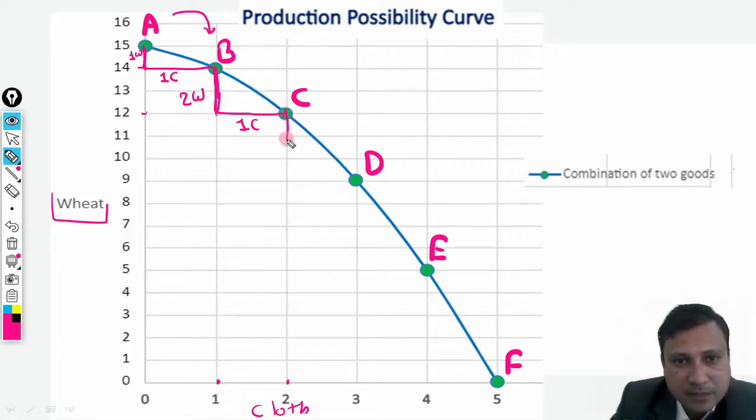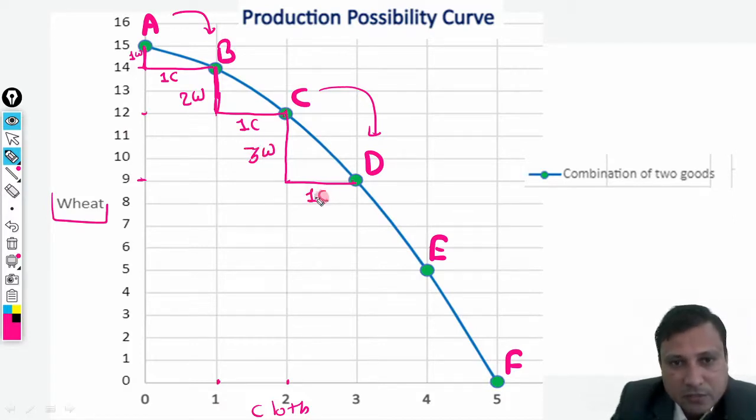In the same pattern, if I draw these lines, you can see that from C to D, when I shift, the difference is 12W at C, 9W at D. So the difference between this 12 and 9 is 3W, correct?